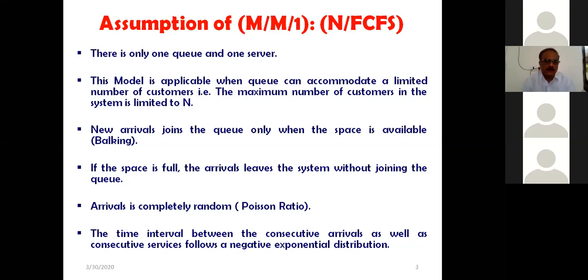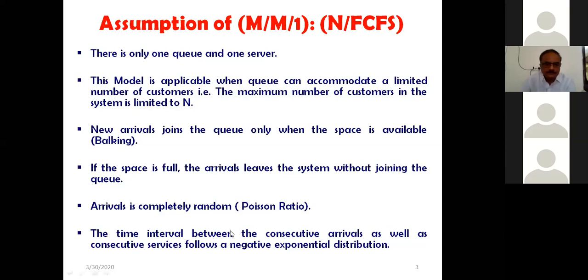But in this case, we assume that the doctor is going to attend 50 patients irrespective of the pattern in which they are arriving. So arrival is completely random, but it follows a Poisson distribution.